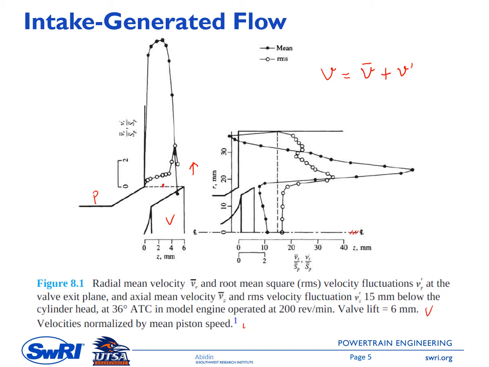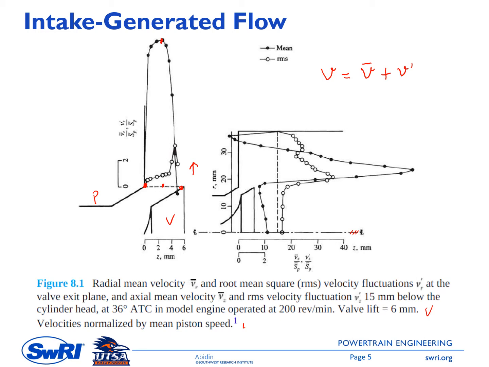This makes sense because the velocity at the wall, either at the valve seat or at the valve itself, equals 0, and then it generates a kind of parabolic feature here, and the maximum is somewhere here.